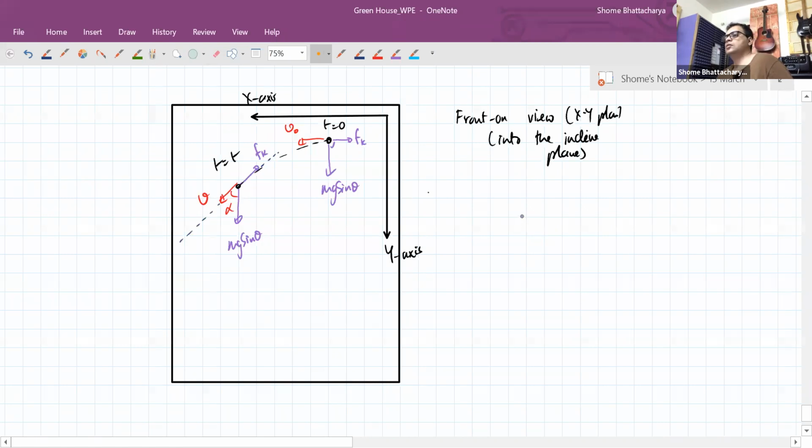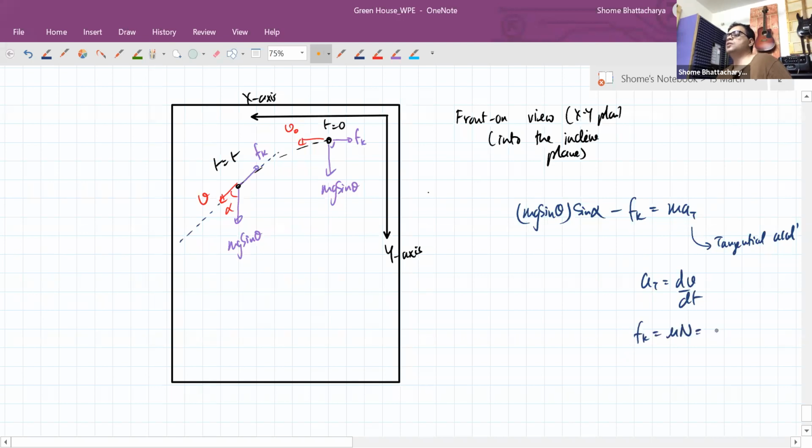The component along that direction is the sine alpha component. Minus kinetic friction, that is your tangential acceleration. And remember, tangential acceleration is the rate of change of speed. Also kinetic friction, which was mu n, is equal to mg sine theta in magnitude, because our mu was equal to tan theta.